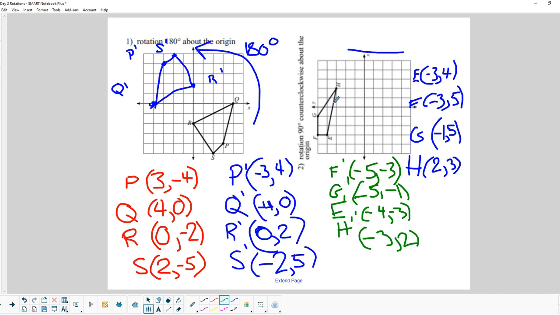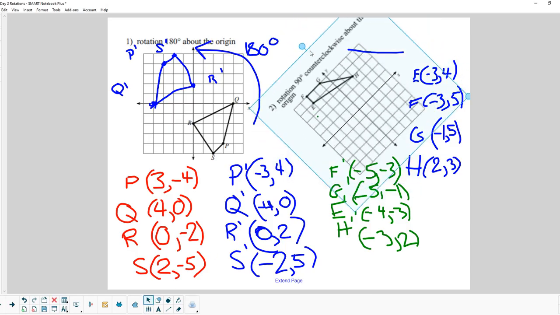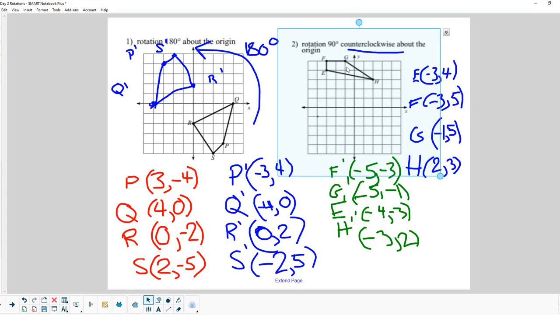And you can graph this shape right here, but also remember you need to graph the original over where it was. So let me go ahead and rotate that back up where it was. So there's the original. And then our new one is at negative 5, negative 3.